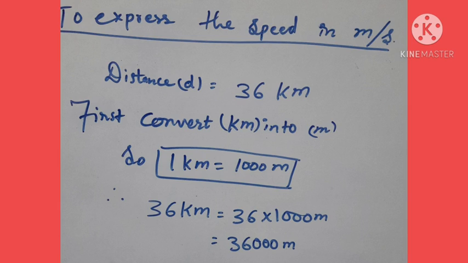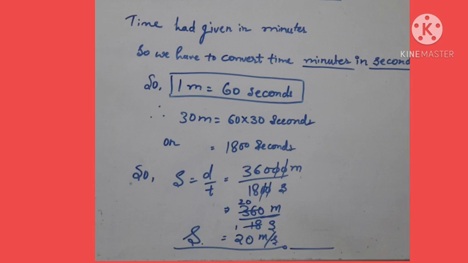We know that 1 kilometer equals 1000 meters, so 36 kilometers equals 36 into 1000 meters. So the distance comes to 36,000 meters. Time is given in minutes, which we have to convert into seconds. 1 minute equals 60 seconds, so 30 minutes equals 30 into 60 seconds, which is 1800 seconds. So here we have distance in meters and time in seconds.